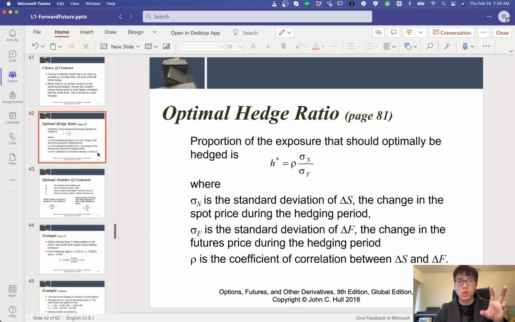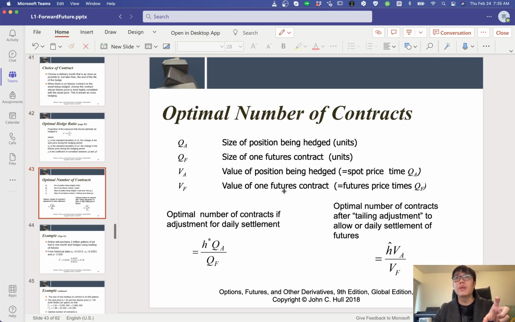So after that, what should we do next? After we calculate this ratio, we can apply the next formula, the optimal number of contracts. So what does it mean? It means how many contracts we need to buy using the hedge ratio, right? So Q is the size of the position being hedged, in units.